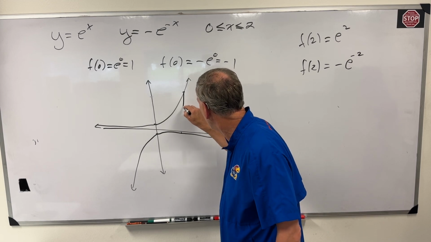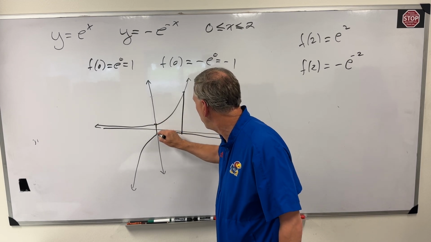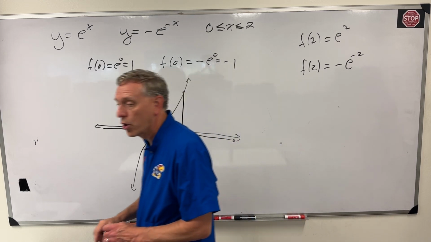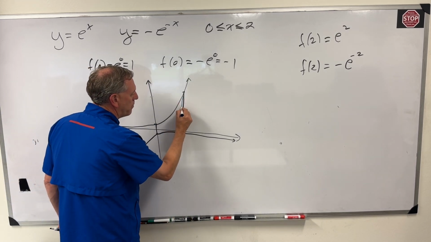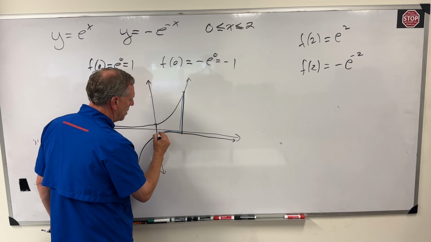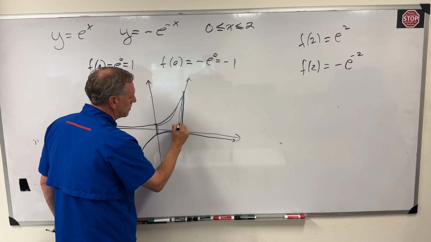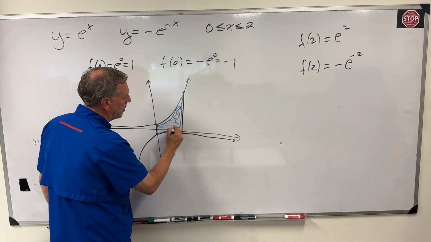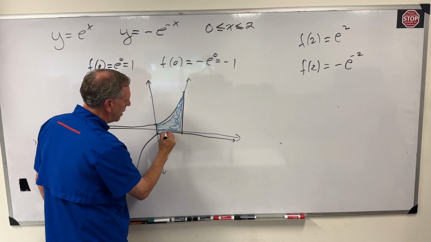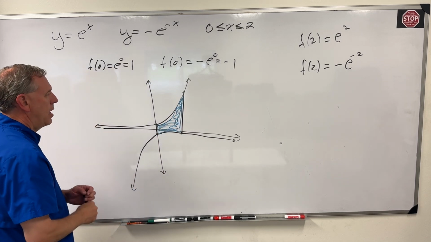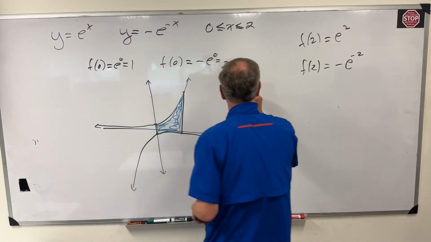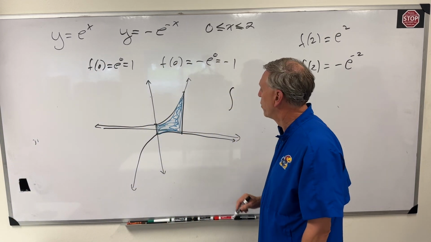So we have this area here bounded between these two curves. Everybody see that? We're going to find the area here, the area between these two curves. And so what we need to do is take the integral of the one on top.